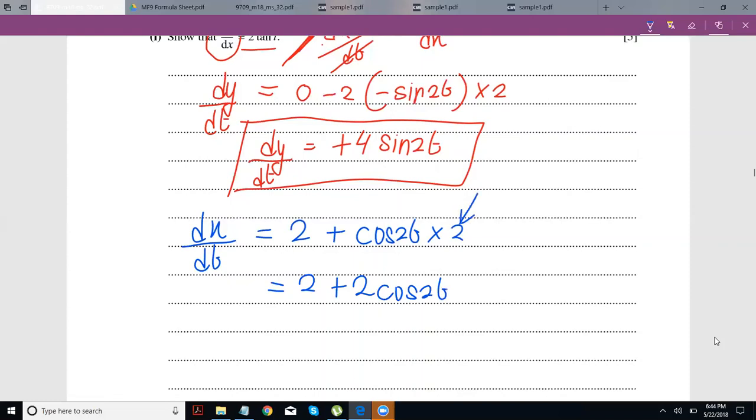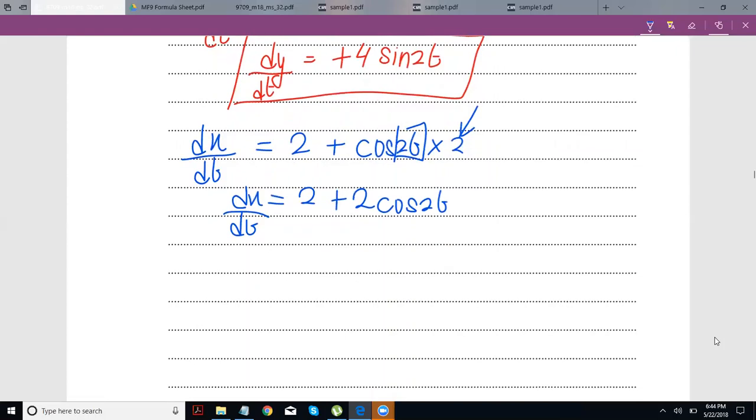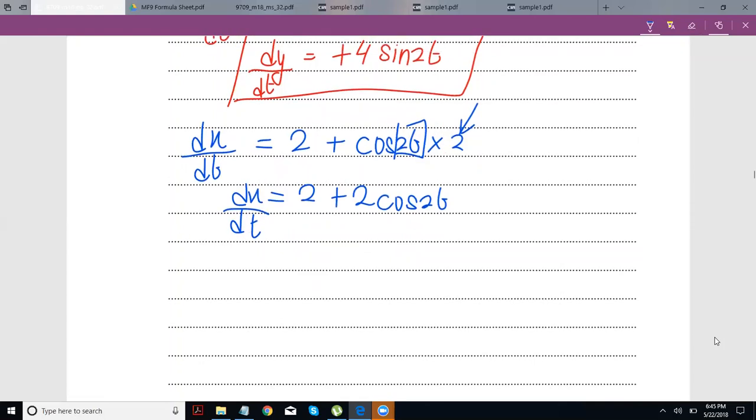Again, the reason I'm doing into 2 is because the inside also has to be differentiated and multiplied. It's multiplied in differentiation and divided in integration, which is what we did earlier in this particular video as well. There was a question where we did that.